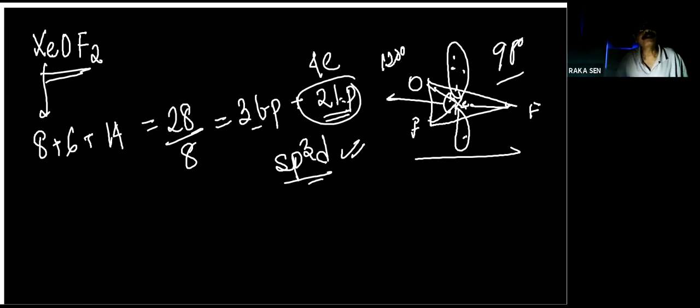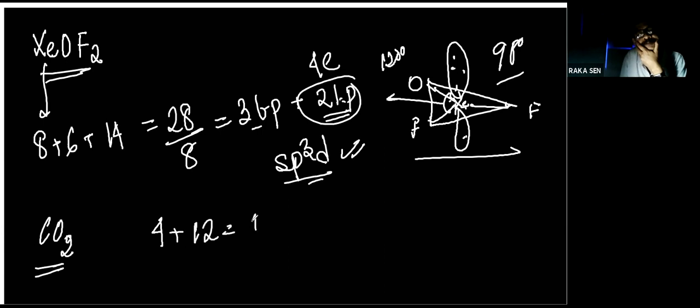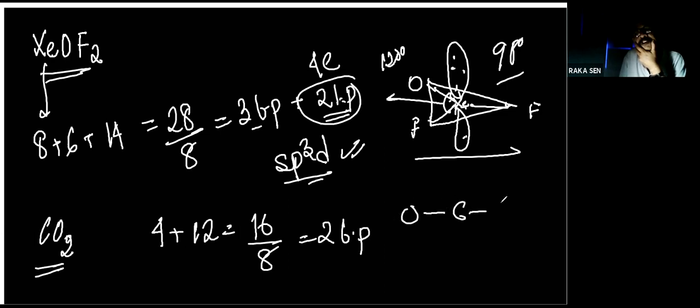ले और एक ले, कार्बन डाइऑक्साइड। Carbon is in the 4th group, 4 valence electrons. Oxygen is in the 6th group, 6 valence electrons, 2 है, 12, 16, 8, 2 bond pairs. Carbon, oxygen, oxygen, sp hybrid, 2 bond pair है ना, sp hybridization.